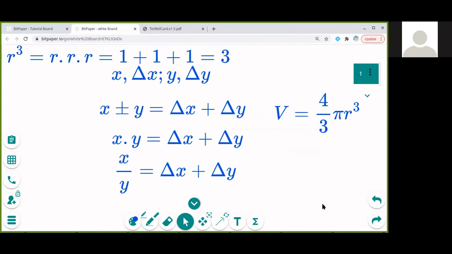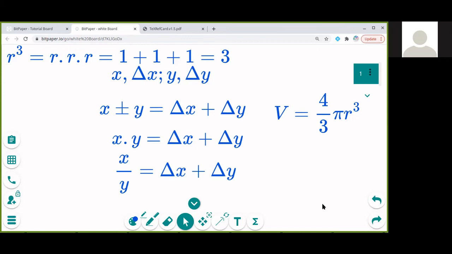The uncertainty should be m times v times v. The uncertainty in mass is 1%, plus the uncertainty in velocity 2%, plus again 2% because it is v squared. Therefore, the uncertainty in kinetic energy is 5%, okay?